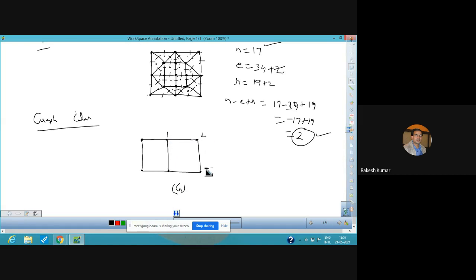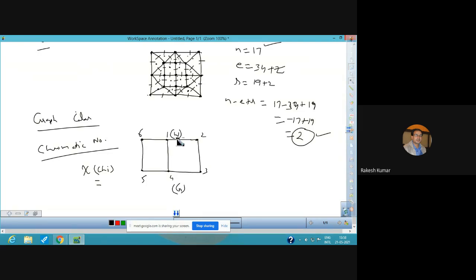This is vertex 1, 2, 3, 4, 5, and 6; 6 vertices are there. We have to paint the vertices of the graph so that the minimum colors are used and adjacent vertices do not have the same color. This term is written as the chromatic number. The chromatic number of a graph is denoted by chi. This is the symbol chi. Chi is used for denoting the minimum number of colors needed to paint the vertices of this graph so that adjacent vertices have different colors.